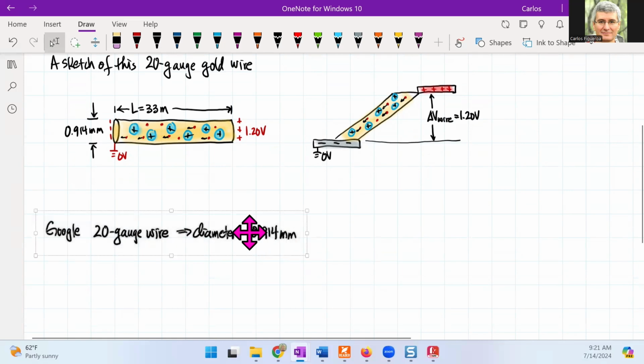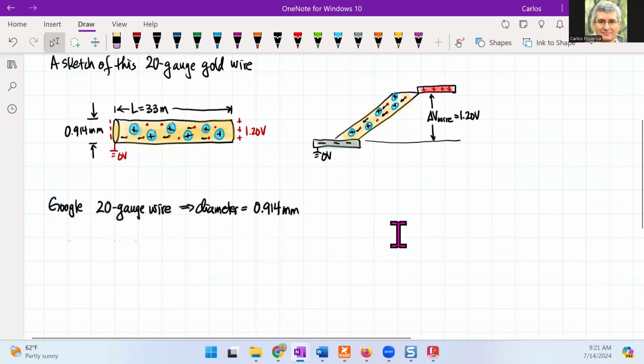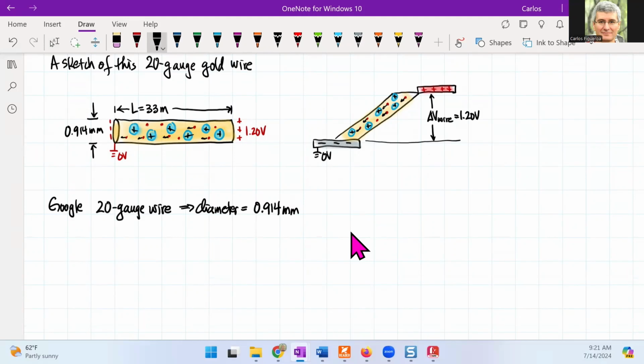Now, another thing that we need to go after, since we're talking about gold, I have to look up the resistivity of gold. So I ended up Googling the gold resistivity at room temperature.